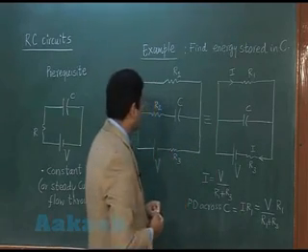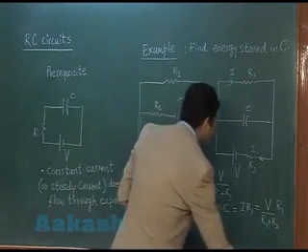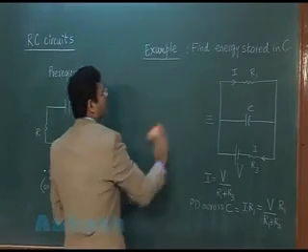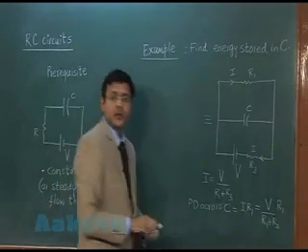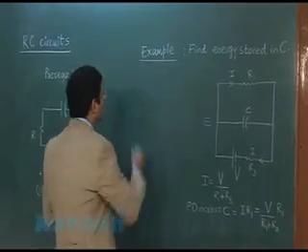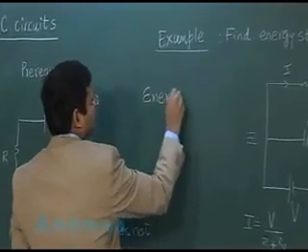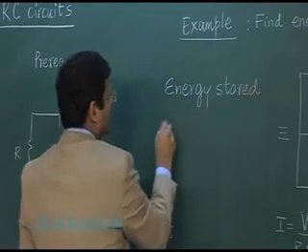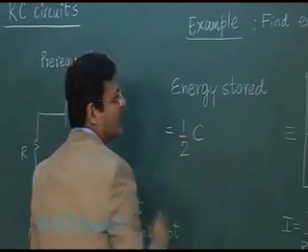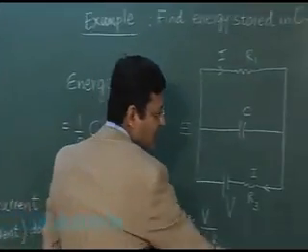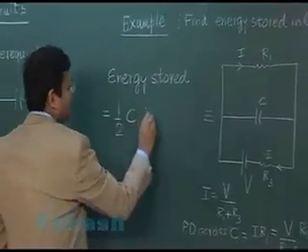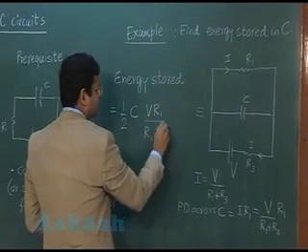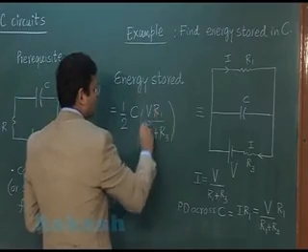So you can say energy stored is equal to half C and this much potential drop, that is V R1 upon R1 plus R3 whole squared.